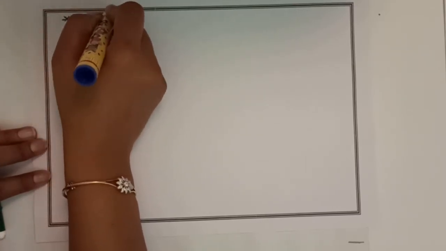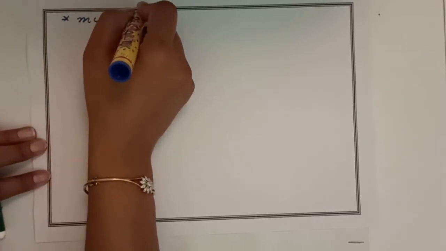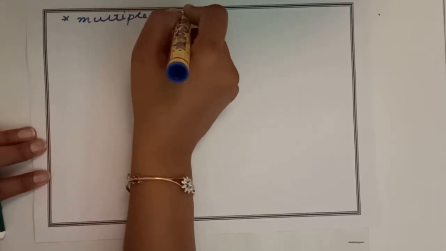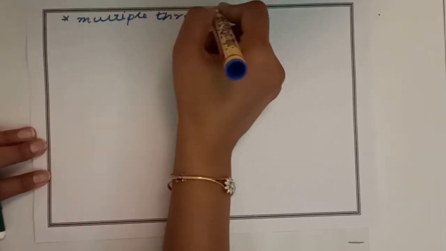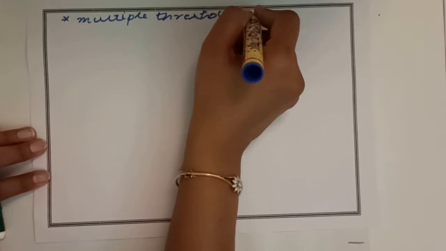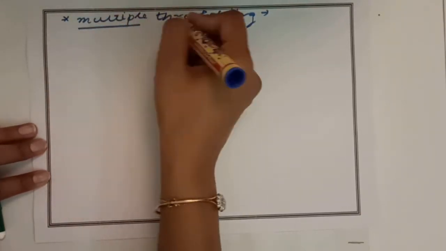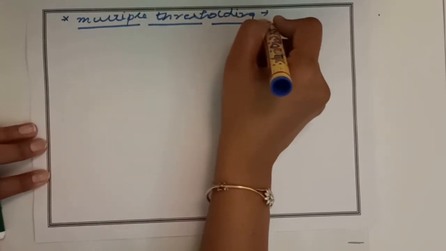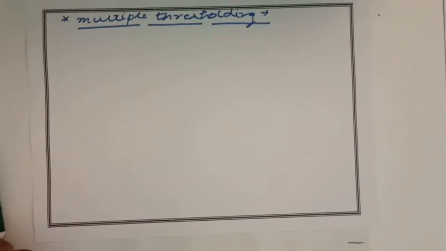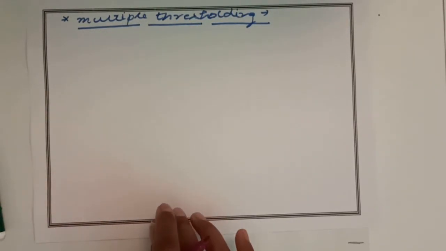The next type of thresholding is multiple thresholding. It means the number of threshold levels can be increased as per the requirement of the image.